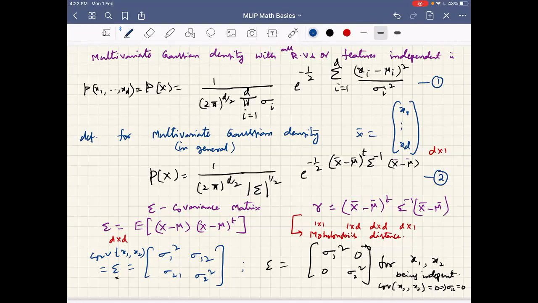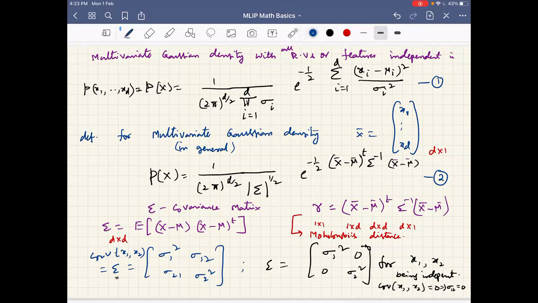And how do we get the relation? Simply by substituting. How do I get 1 from 2? Simply by substituting capital sigma as a diagonal matrix with the individual variances on the diagonal and 0 elsewhere. In expression 2 you will get the expression 1.